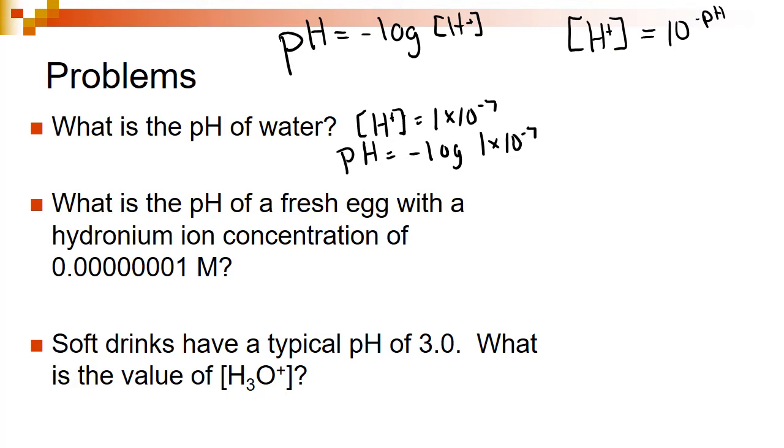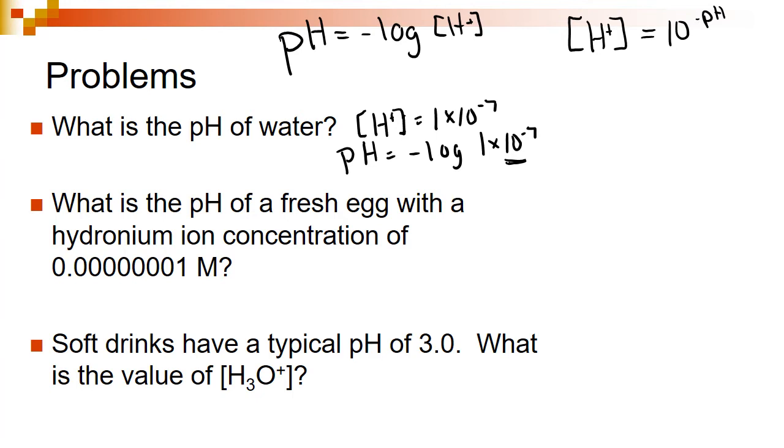Now, being able to plug that into your calculator can be a little bit tricky at times. So be sure to get your calculator out and try it before you get to the test. So here's a little hint for you. Because we have this base 10, whenever we take the log of that, your answer is going to be close.